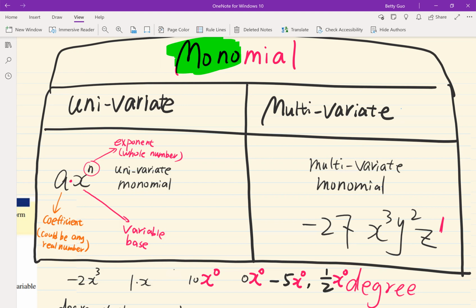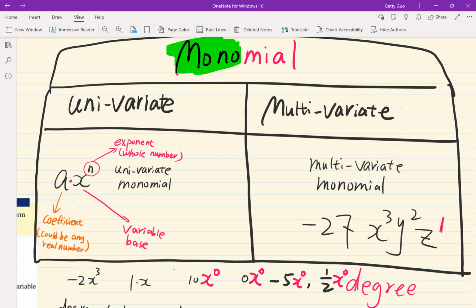Monomial, M-O-N-O. What does M-O-N-O mean? 1. So we start from understanding the definition of a monomial. Some monomials only contain 1 variable, and that monomial is called a univariate monomial.